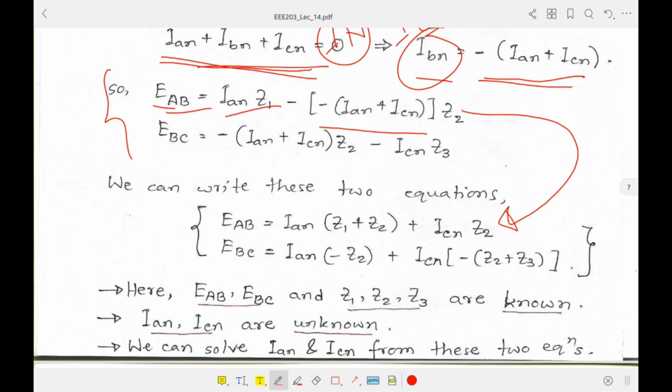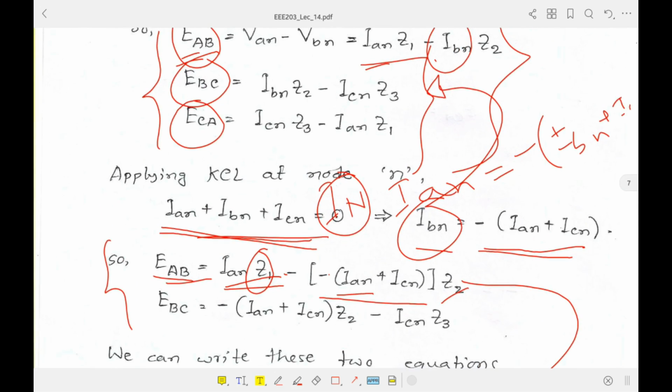So EAB equals IAN Z1, then we have another IAN here. If you take that IAN as the common term, it gives you Z1, then minus minus gives a plus, then Z2. And similarly we have minus ICN Z2. For the second equation, we have EBC equals IBN Z2 minus ICN Z3.